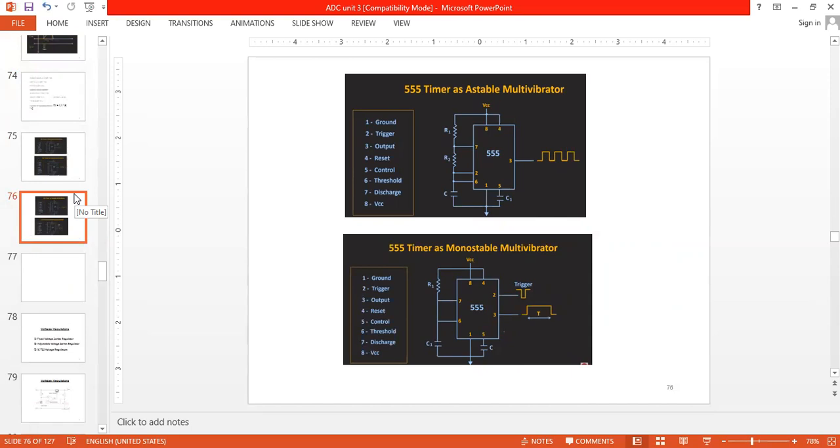It will produce the square wave in the output. In monostable condition, it will generate the output when the trigger is enabled. When the trigger is enabled, comparator 2 will be enabled. So the flip-flop will be reset. In that condition, the capacitor will charge linearly. When the trigger is applied, it goes to zero. That means we are getting one pulse.